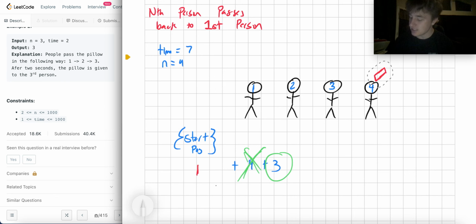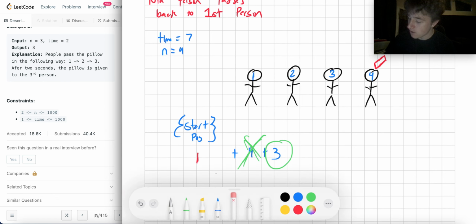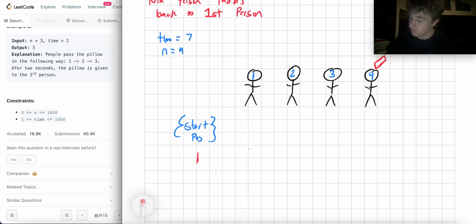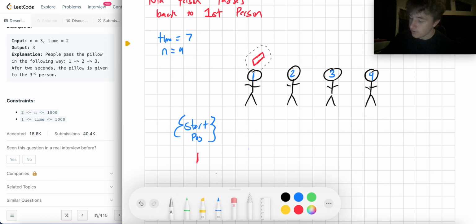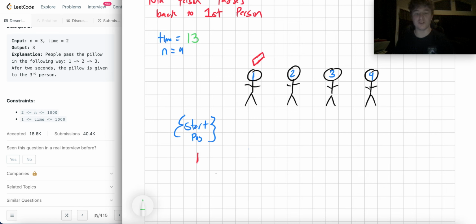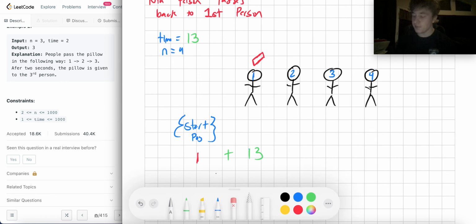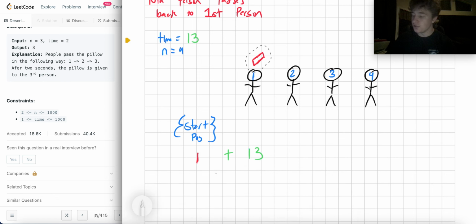So again, a different example to think about is, you always start at position 1. What if time was 13 seconds? Well, we're going to move 13 times. But again, there's going to be this issue where I move 1, 2, 3, 4, 5, 6, 7, 8, 9, 10, 11, 12, 13.